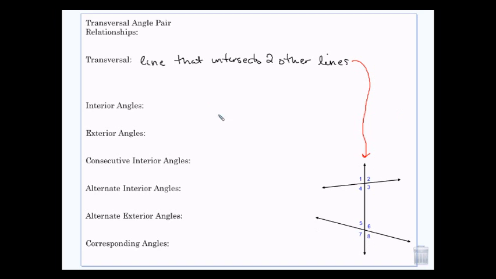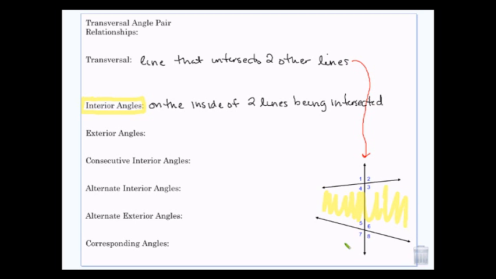Okay. Interior angles are on the inside of the two lines being intersected. Okay, so if we look at this, I'm going to make the interior yellow. So all of the angles in here, this is the interior. So these are my interior angles. Okay.